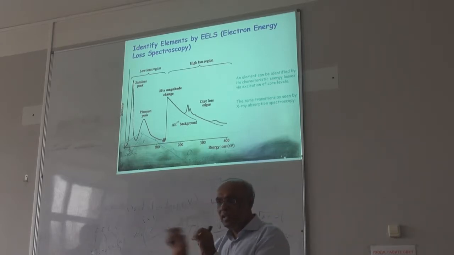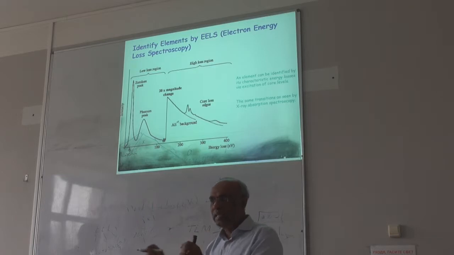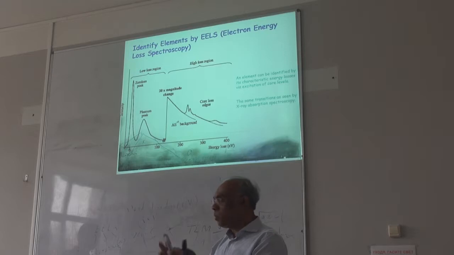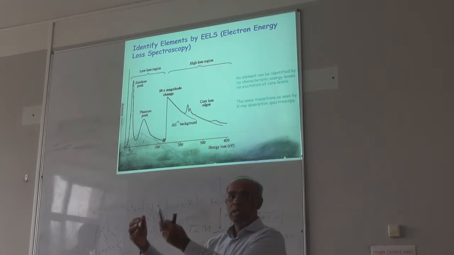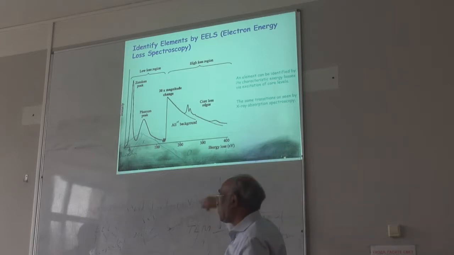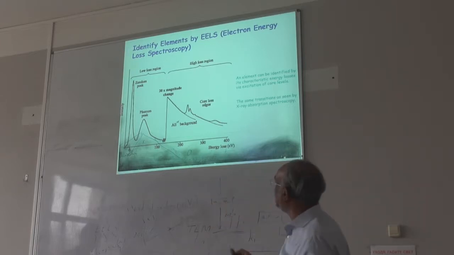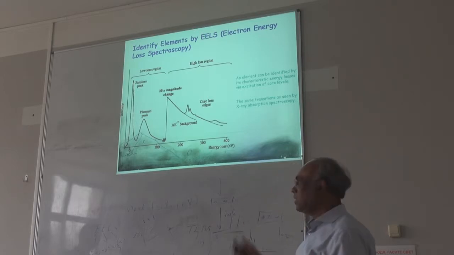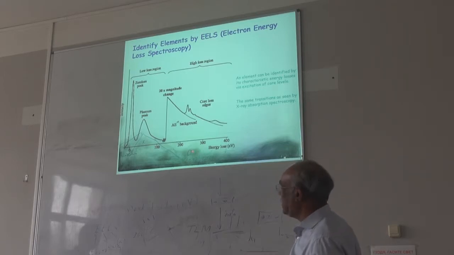These electrons are always oscillating, something called the plasmon. So you can have bulk plasmon or surface plasmon. They can interact with those plasmons, then you get this plasmon peak. Then it becomes very small, with very small features.